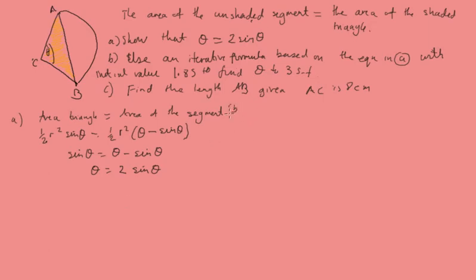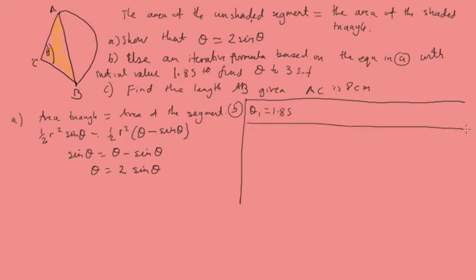Now for part B, we're going to have theta 1 equal to 1.85. And theta (n+1) is going to be equal to 2 sine theta n.